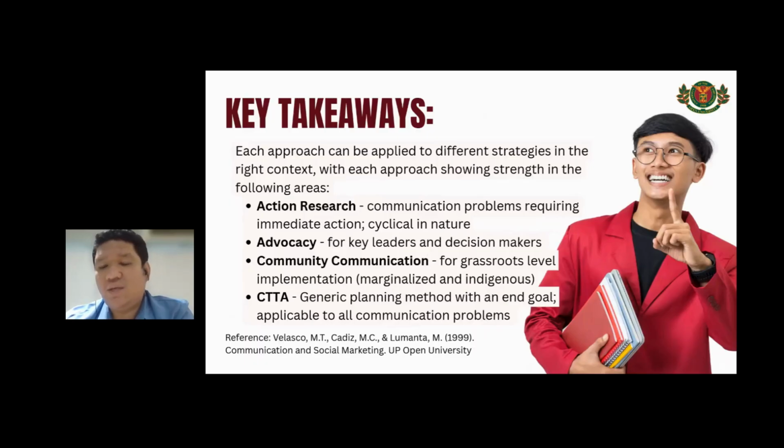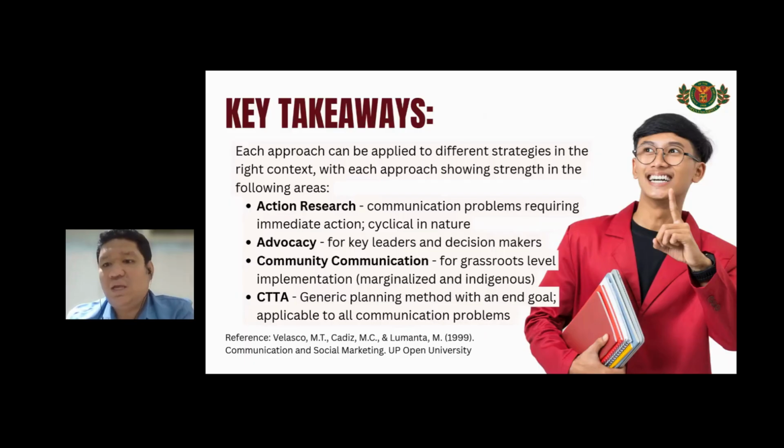So our key takeaways here is that each approach can be applied to different strategies in the right context, of course, with each approach showing strength in the following areas. So I just summarized these approaches in short sentences. So action research are for communication problems requiring immediate action, but it doesn't just stop in solving these problems. It tends to be cyclical in nature.